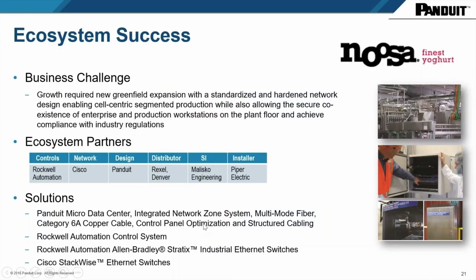Now, we have had different implementations, and you could find a lot of different use cases on the Panduit site. This is a specific use case that I'm sharing with you today. It's with Noosa Yogurt, a company in the Midwest that decided to build a completely greenfield network system from the ground up.